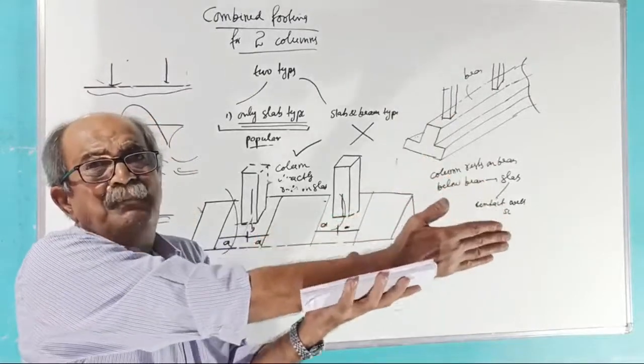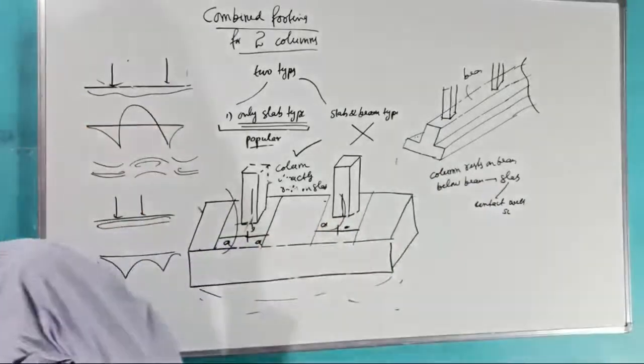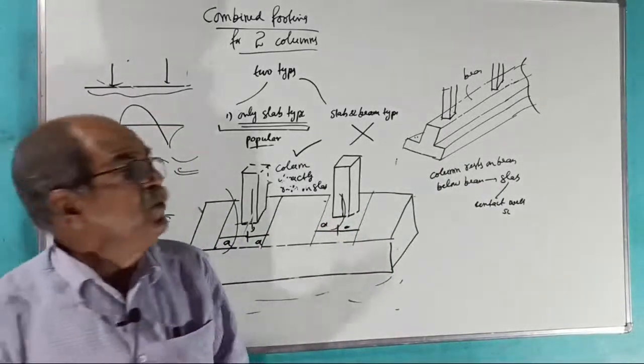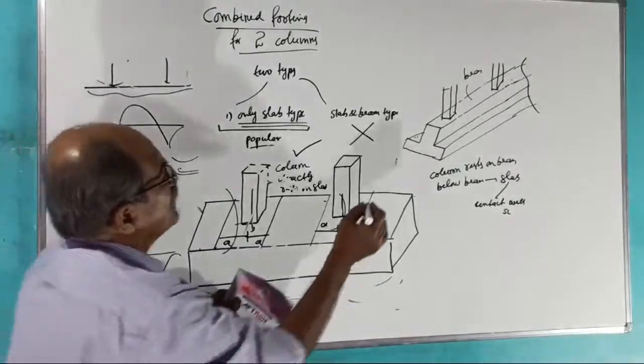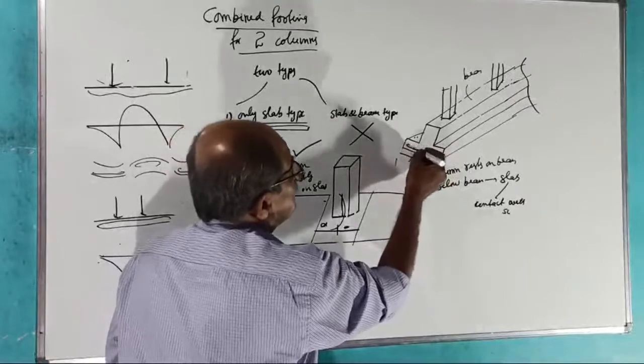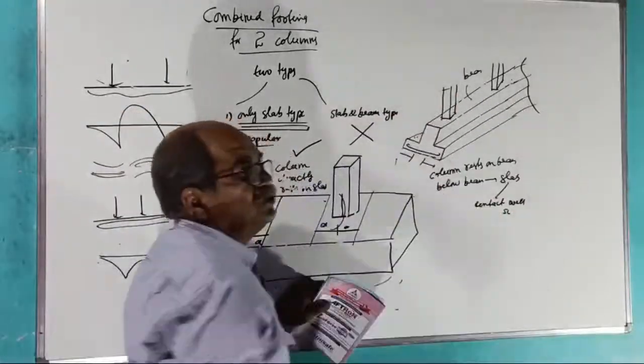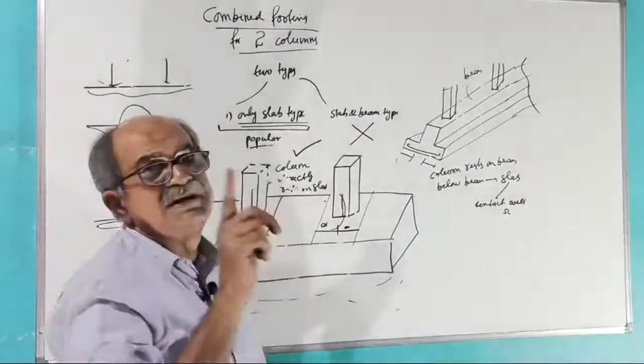The slab will bend only widthwise or lengthwise? Only widthwise. It is designed as a cantilever, here designed as a double cantilever. So this is the steel for the slab, and this way is distribution steel.